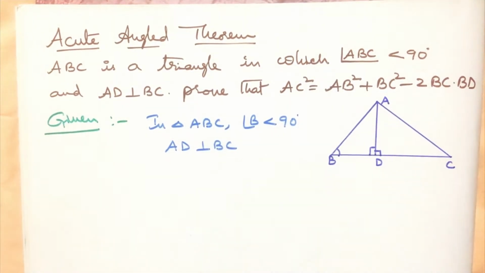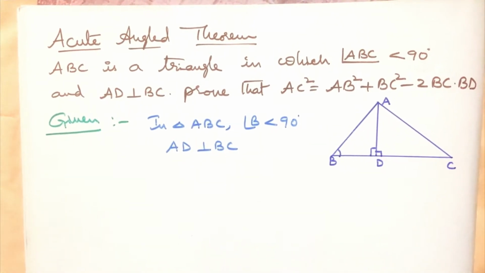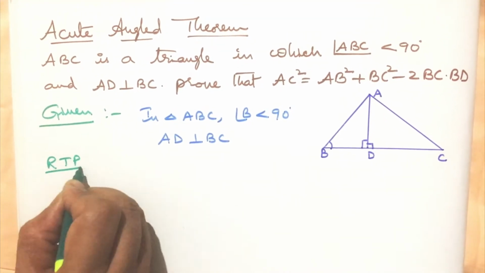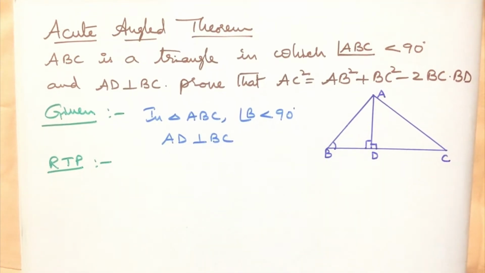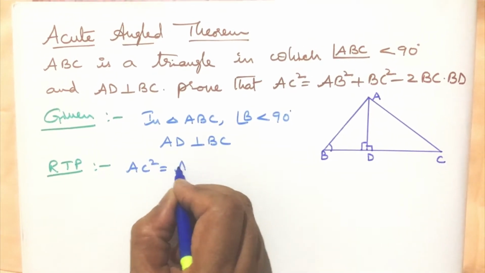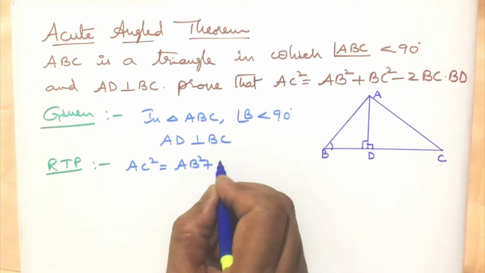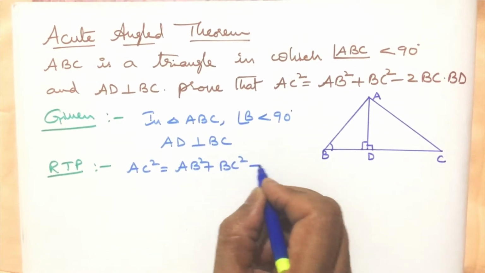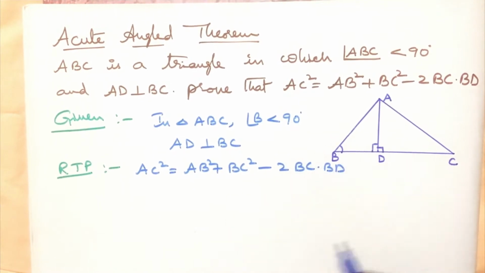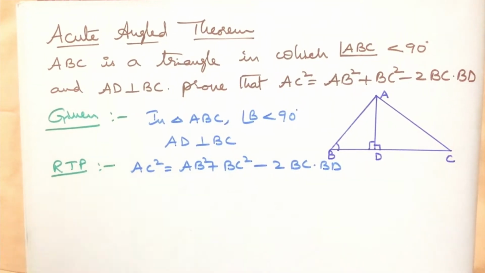And what is required to prove? To prove that AC square is equal to AB square plus BC square minus 2 times BC into BD. We have to prove it.